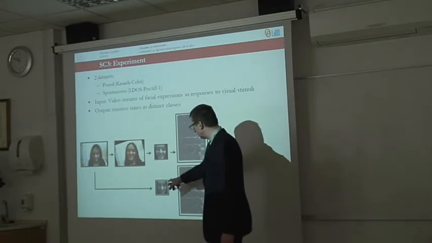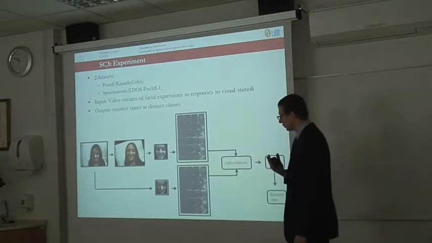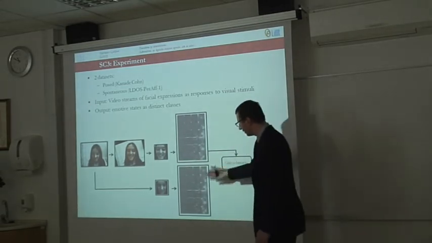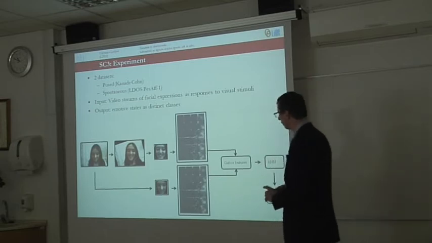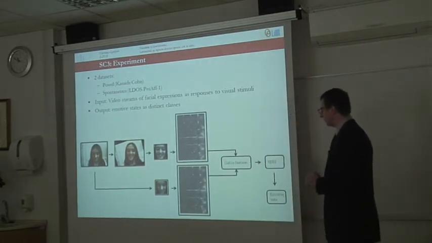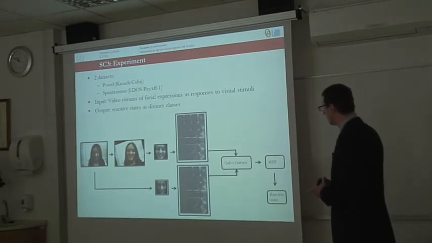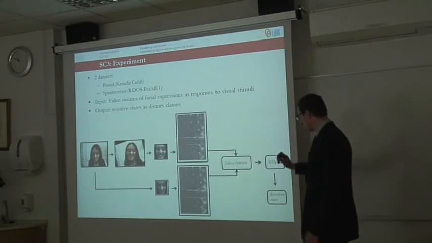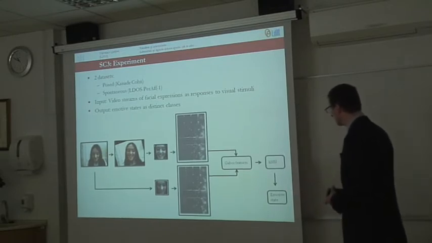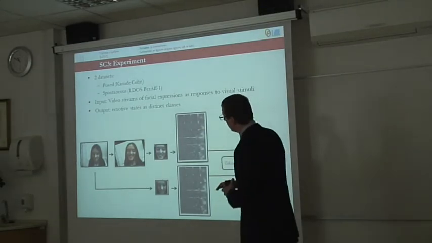In parallel, we also extracted a neutral face from the video sequence, and again did the Gabor filtering to get the low-level features, and we computed the feature vector based on these two sets of Gabor features. We used the k nearest neighbors classifier to get the emotive state from a video sequence.